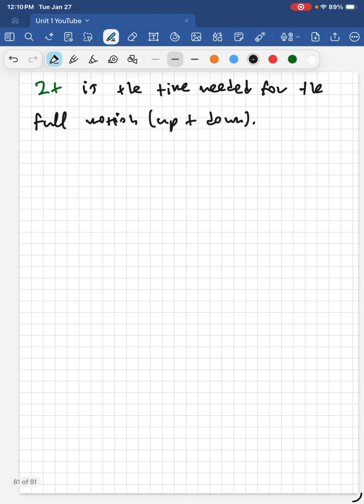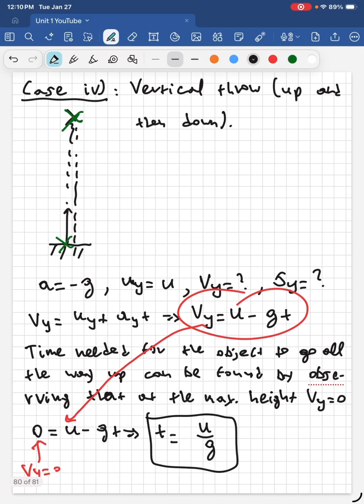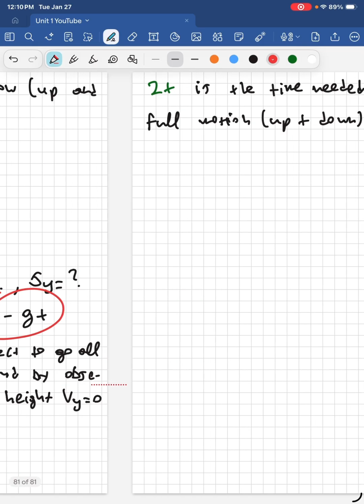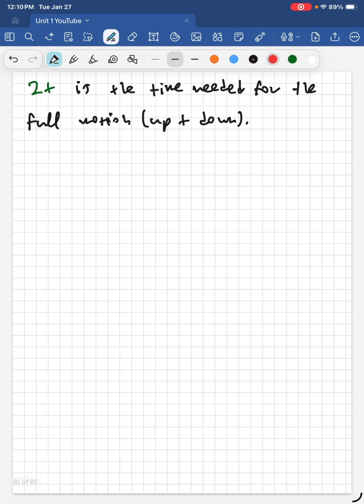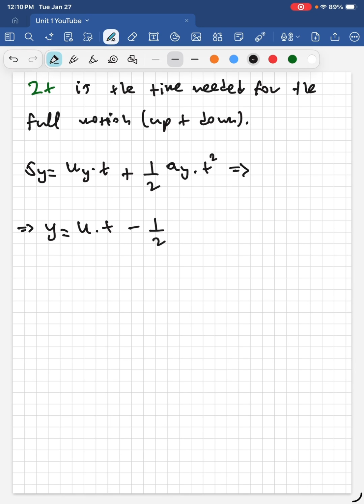And I'm going to close up this video by saying that we can find the maximum height y, right? So let's say that they ask you to find this. We can use s_y is equal to u_y times t plus 1/2 a_y times t squared. So y is going to be u times t minus 1/2 gt squared.